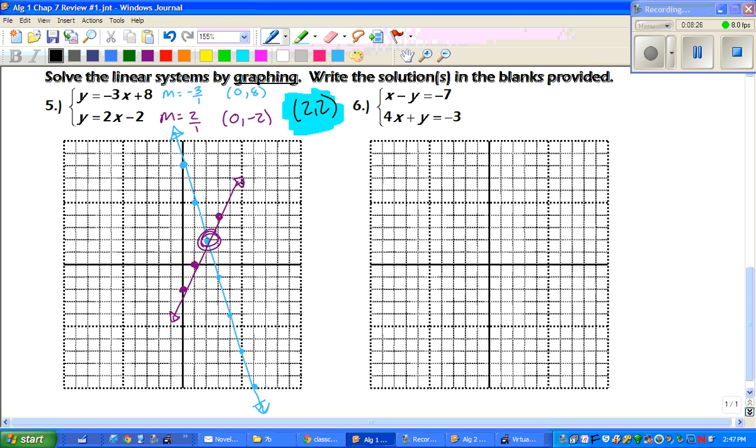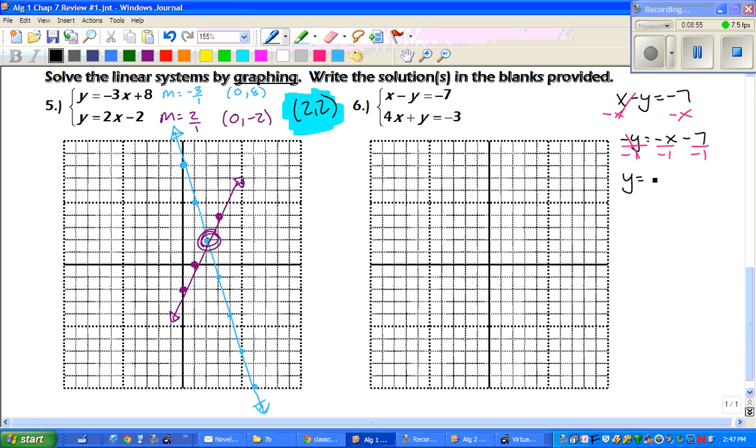Now, once again, we have to solve by graphing. None of these are in y equals mx plus b, so we have to get them in that format. I'm getting the x to the other side. Do not forget that that is a negative y. So we have to divide everything by negative 1.